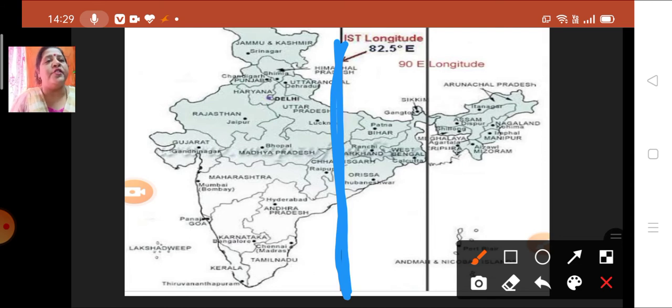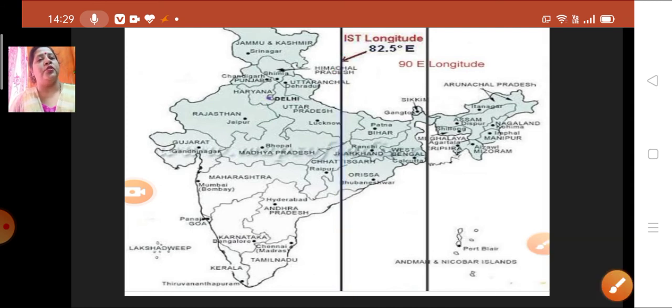The meridian which is passing through Uttar Pradesh, and which is at 82.5 degree east. Whatever time is there at this longitude, that is the time for the whole country. We have learnt about it in our earlier classes. Yes or no, children?